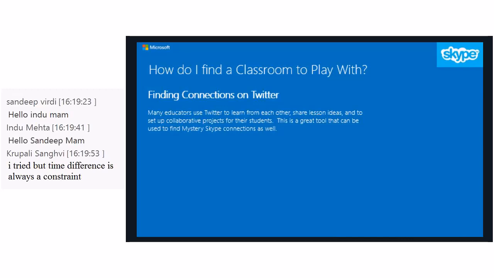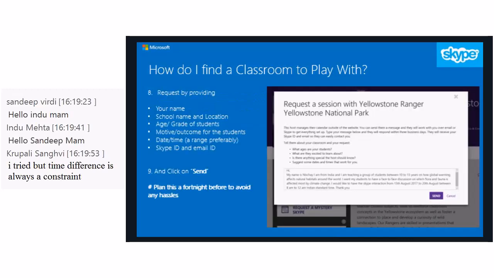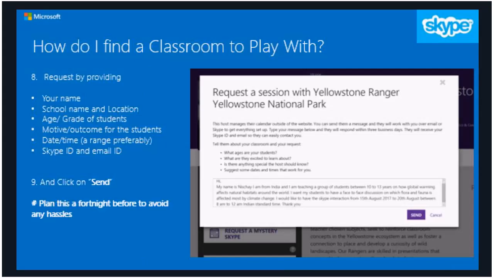What I've done is I have mentioned about myself, where I am from, which school I am from, what is the age group of the students that I'll be wanting to interact with the person, and the topic, and the range of dates that I can suggest for that particular interaction. And once you are done, mention your Skype ID and email ID preferably.